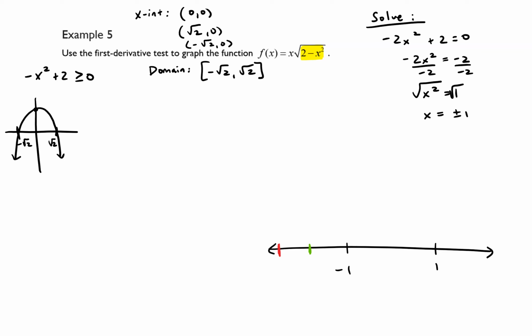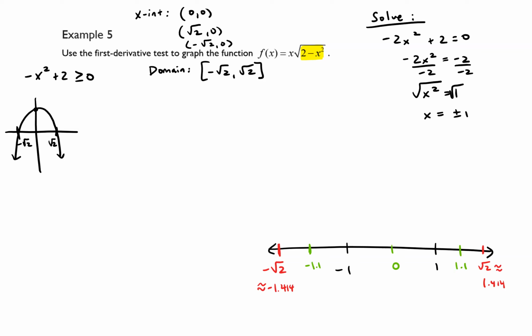I am cut off by the negative square root of 2, which is approximately -1.414. And on this side, I'm cut off by positive square root of 2, which is approximately 1.414. So for my test numbers, I'm going to choose 0, -1.1, and +1.1.